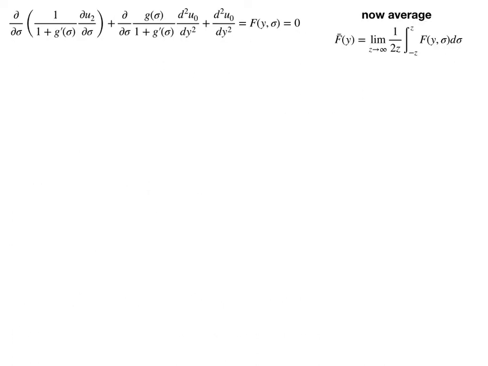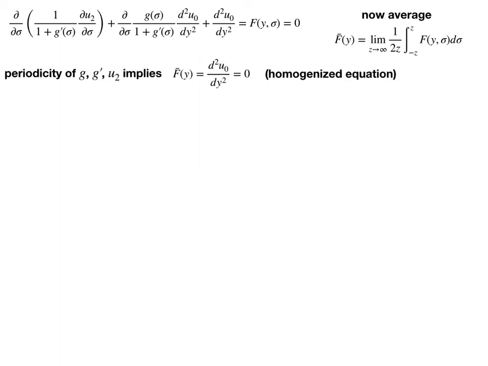Now if we average this equation, again, anything that depends on sigma should average to 0, because everything on the order of the microstructure averages to 0 over long wavelengths. So the periodicity of G prime, U2 all implies that if I integrate this, the first two terms are going to vanish because they involve G of sigma and U2 of sigma.